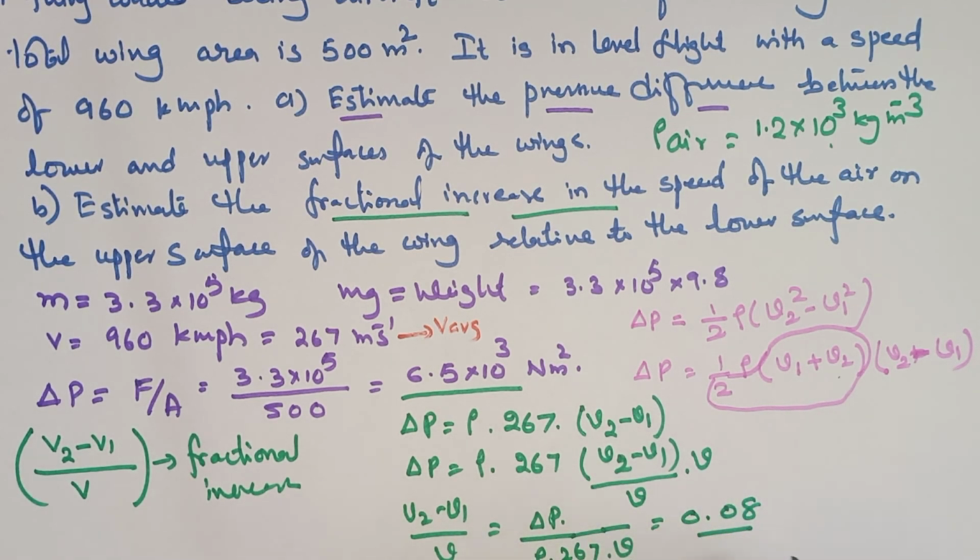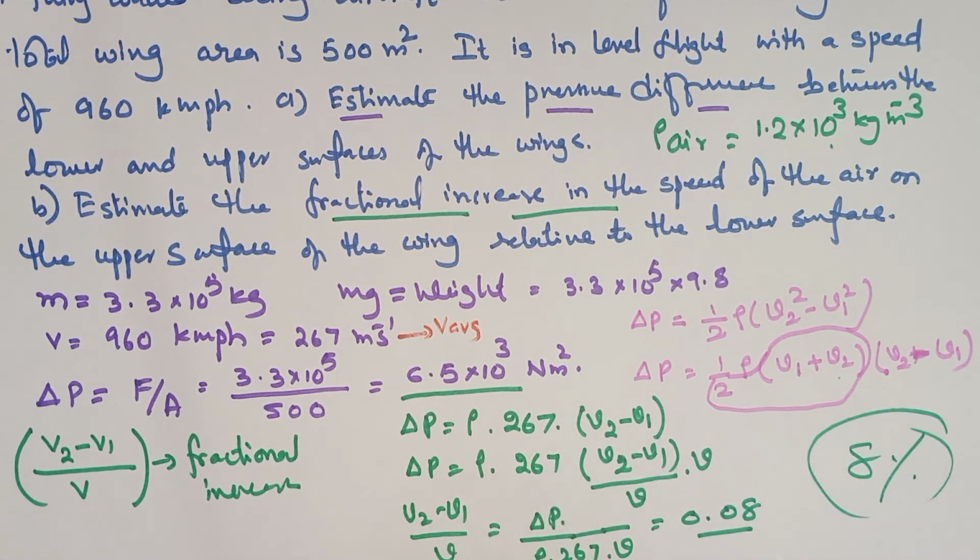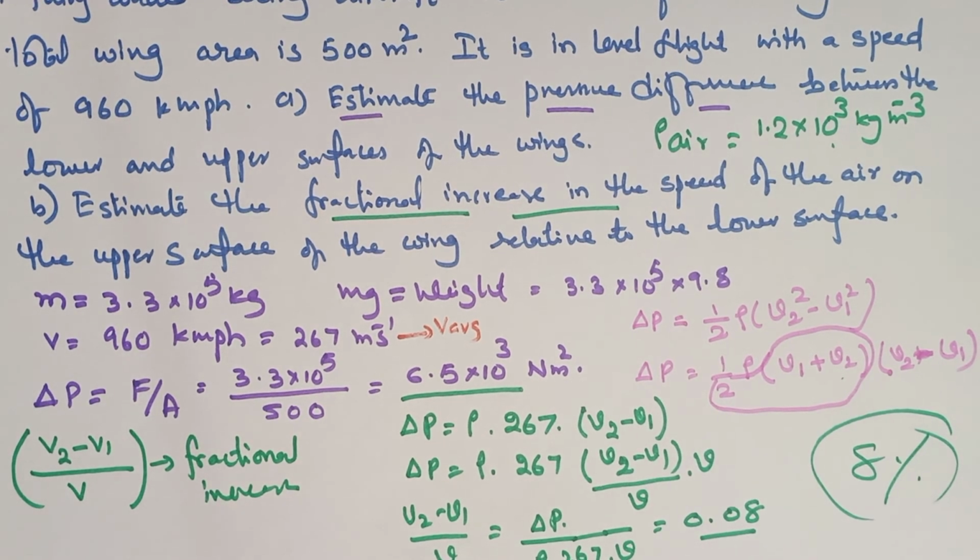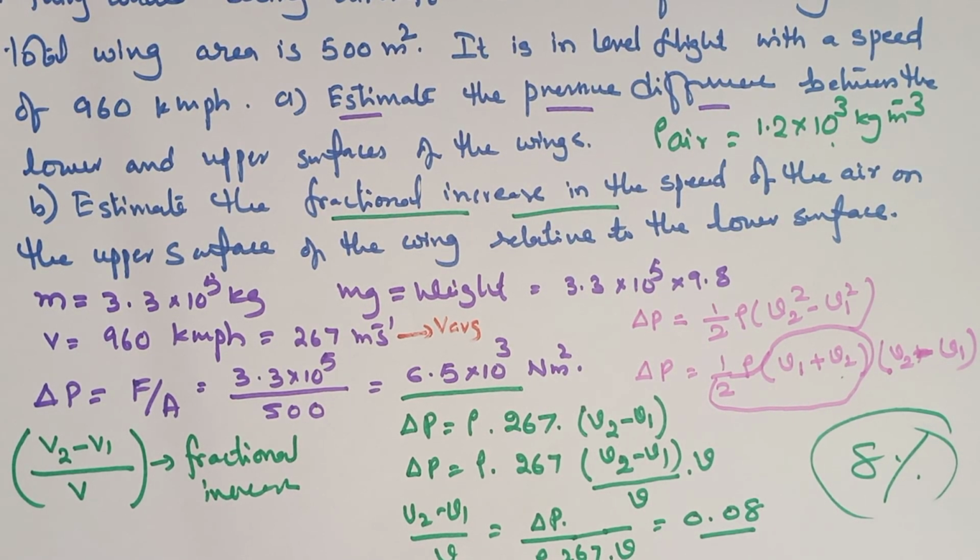So the fractional increase in the speed of air above is approximately 8%. So there is about an 8% relative speed difference above the aircraft compared to below, so that it can be lifted up and fly in the air.